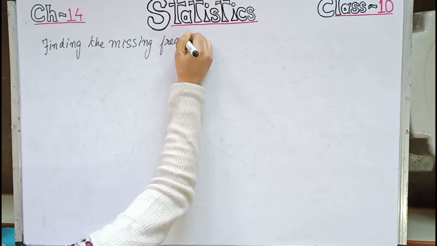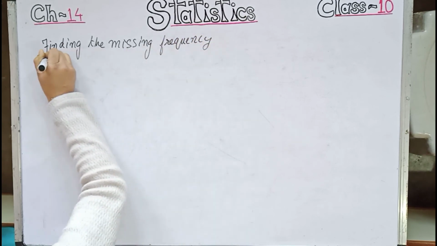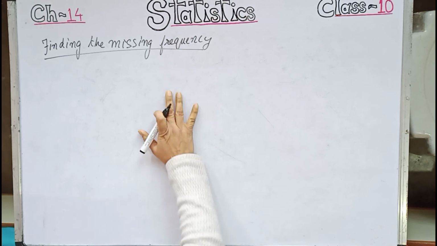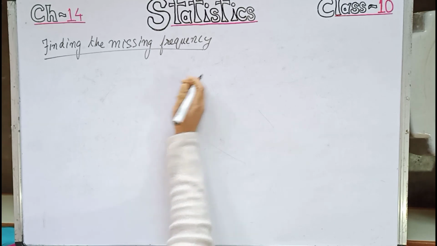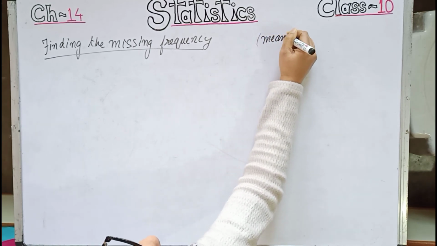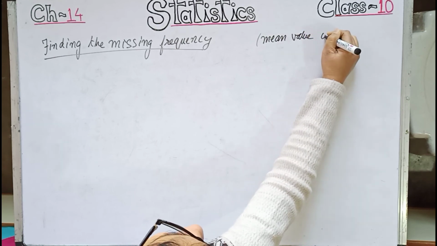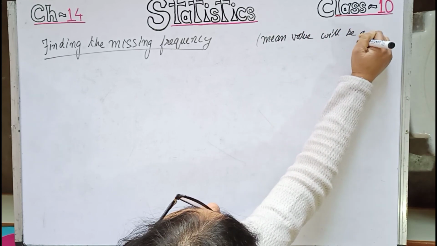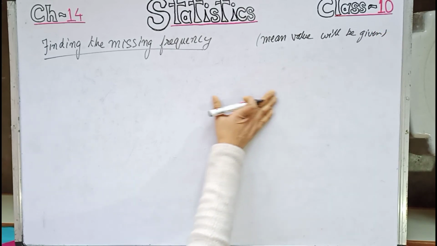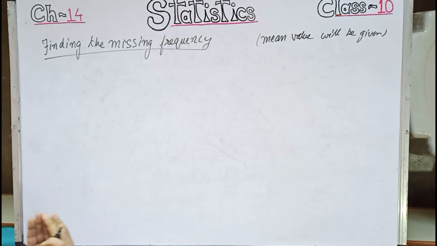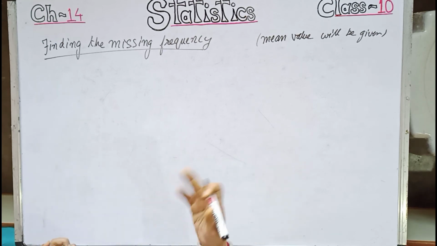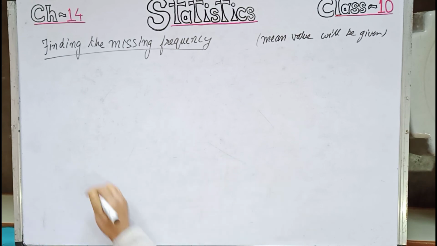So children, here you will be doing the same method, that is finding the mean, but whenever the question asks to find the missing frequency, keep in mind the mean value will be given. So mean is given and you have to find the missing frequency. You will be getting a variable term on the LHS, and then you will be solving a linear equation in terms of that variable to get the value of that unknown term. So let us find a sum and do it.